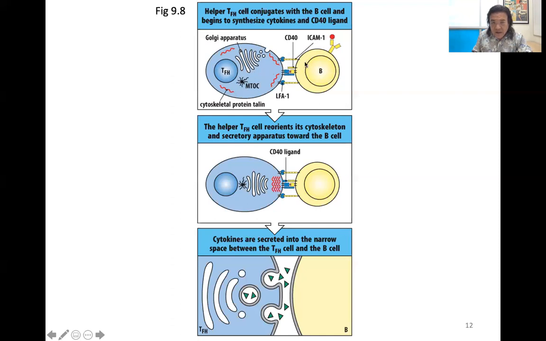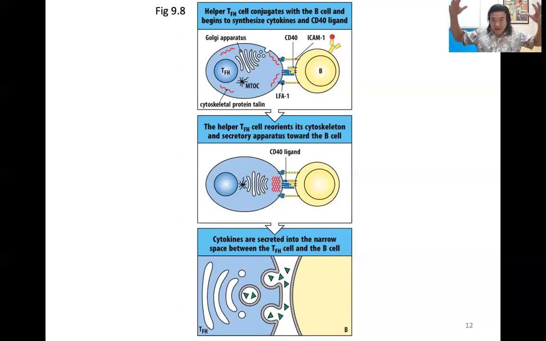They're held together here by stronger associations, like those molecules like LFA and ICAMs that allow them to really stick together so that these T cell receptors have a chance to really read the MHC. That causes the helper T cell to rearrange its internal protein manufacturing equipment so that preferentially these little green triangles, the cytokines, are sent to the B cell that it's synapsing with.